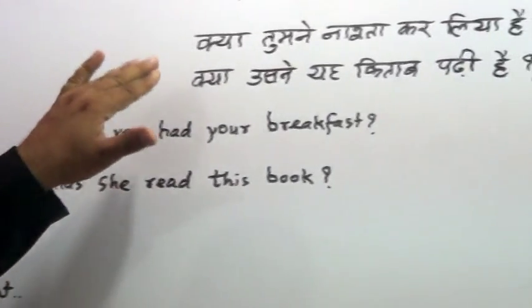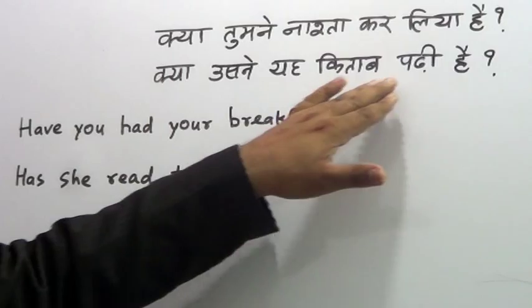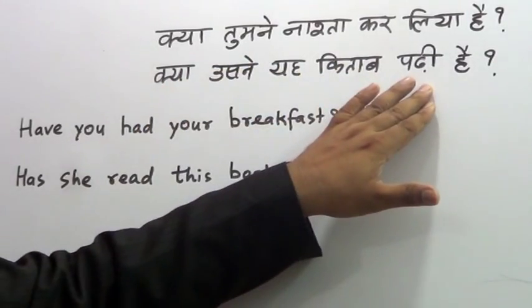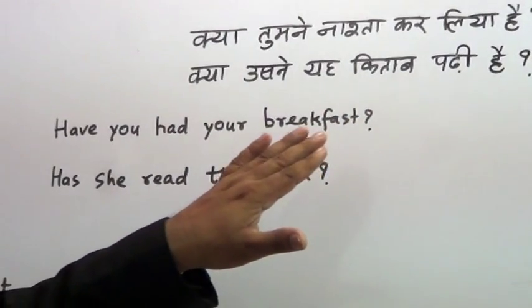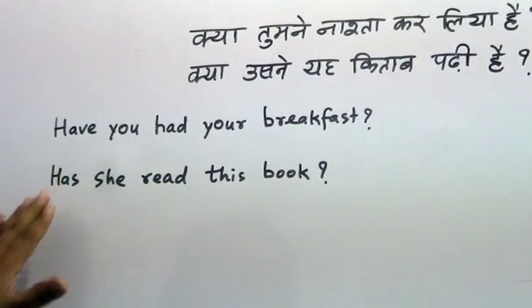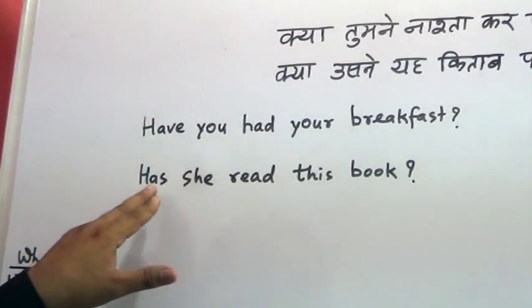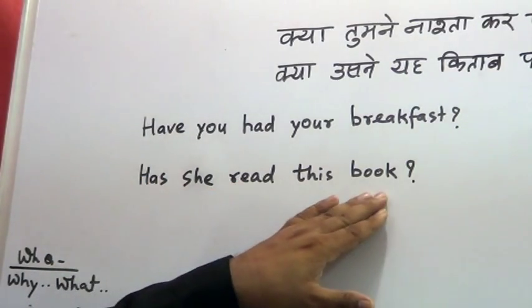Now take the second example. क्या उसने यह किताब पढ़ी है? उसने पढ़ी है, which means the subject is a lady. And for she, we always use has. So has she read this book?